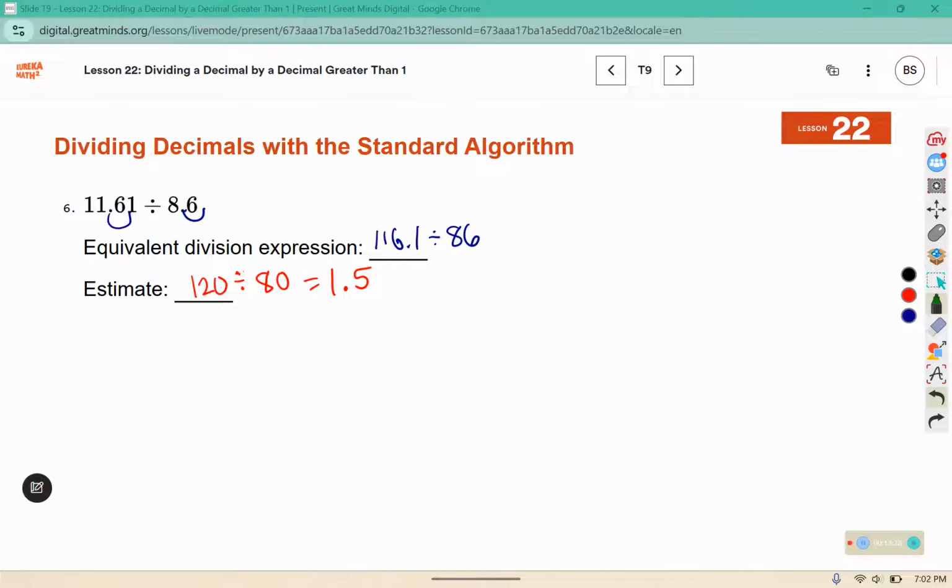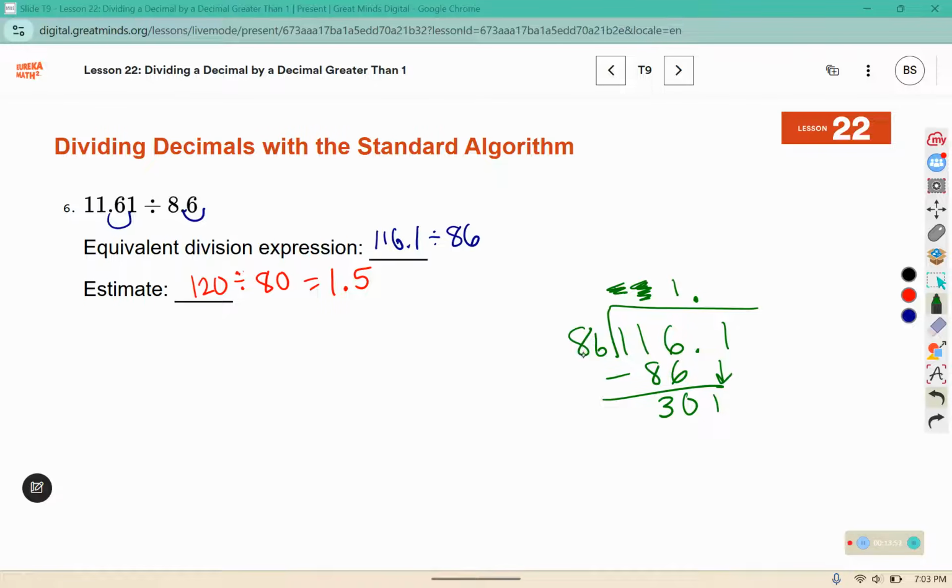And now we are using our long division. 86 does not fit into 1 or 11, but it does fit into 116 one time. 6 minus 6 is 0. 11 minus 8 is 3. Bring down that 1.